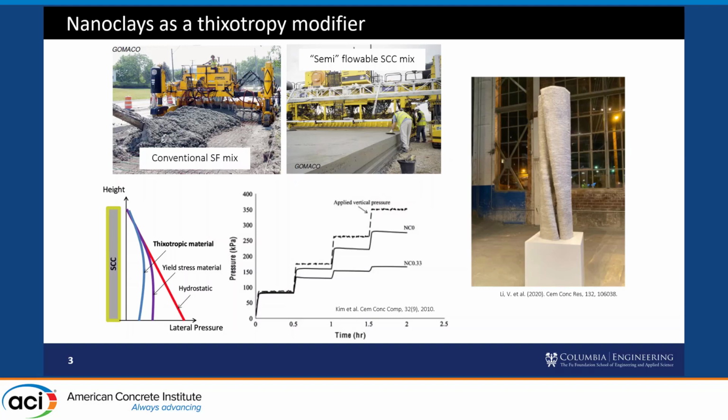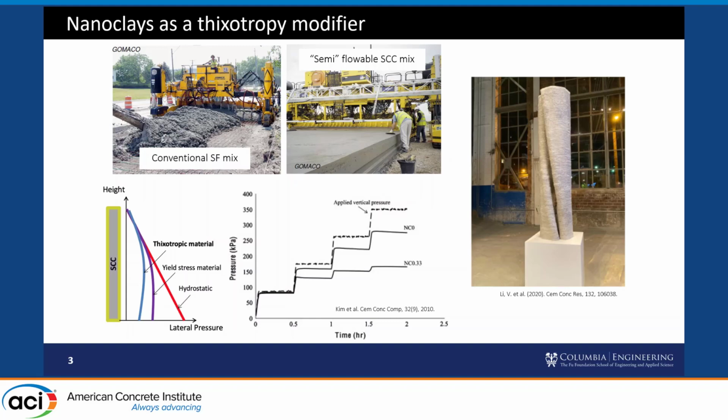Also, nanoclays have been found to significantly reduce SCC formwork pressure. SCC is a highly flowable mix of very low yield stress material, so it can start to approach hydrostatic, assuming complete vertical to lateral transfer.